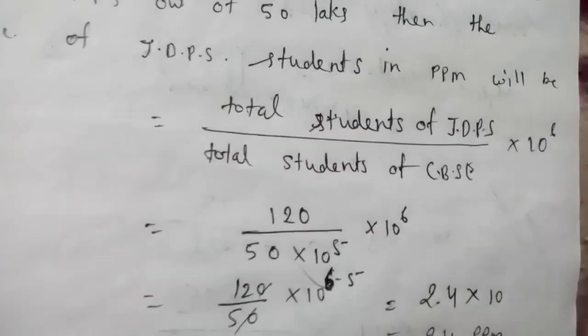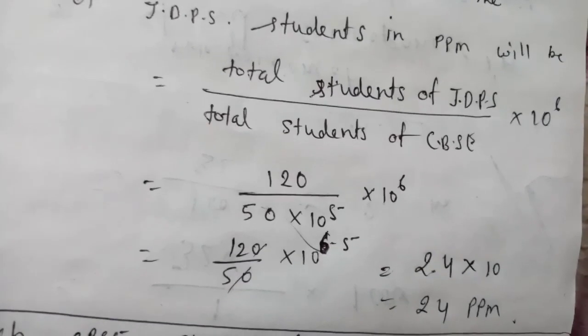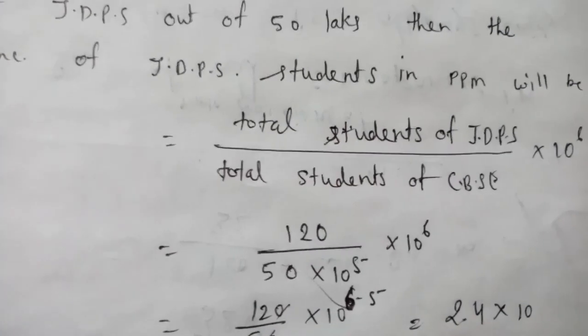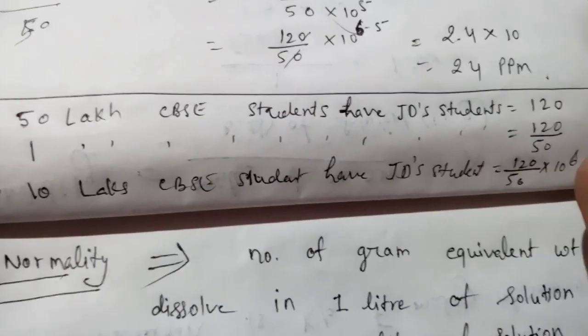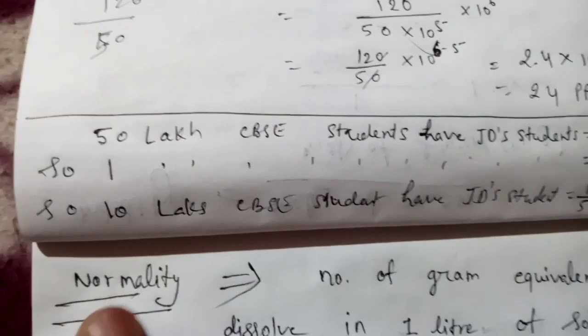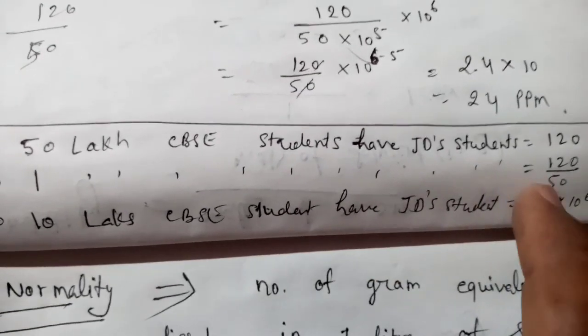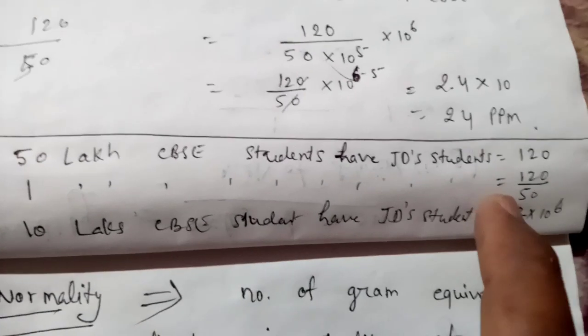So it comes to 24 ppm. Now we can solve it by the unitary method. If 50 lakh CBSE students have 120 JDPS students, then 1 lakh CBSE students have JDPS students equal to 120 by 50.